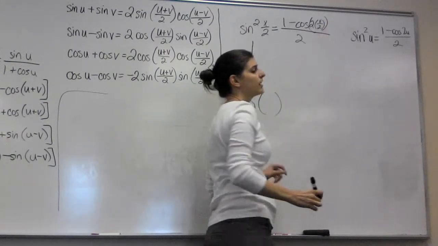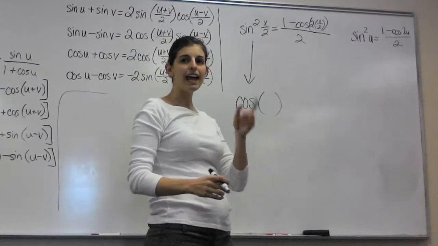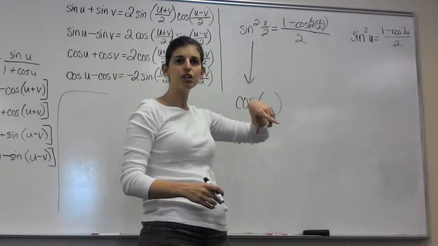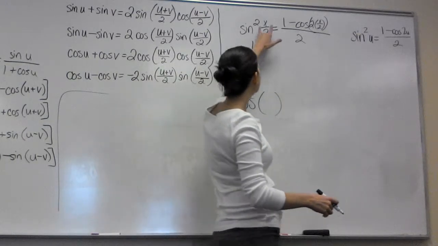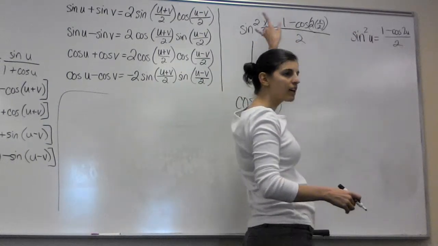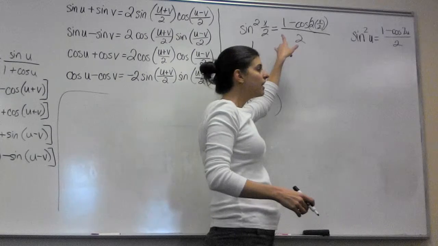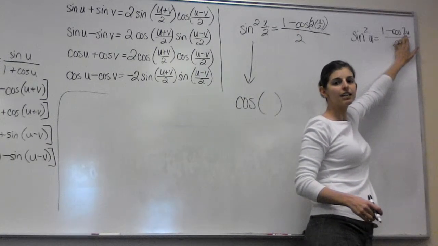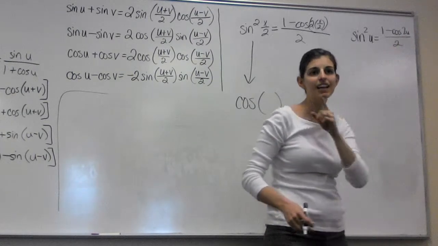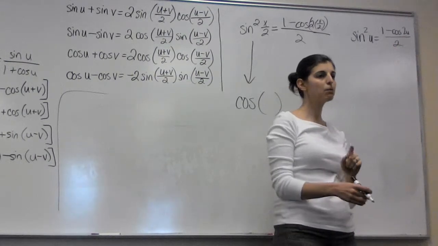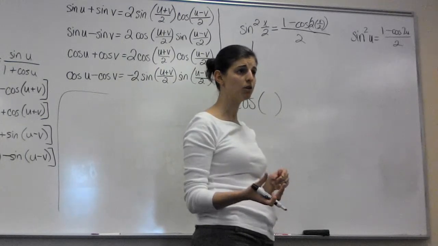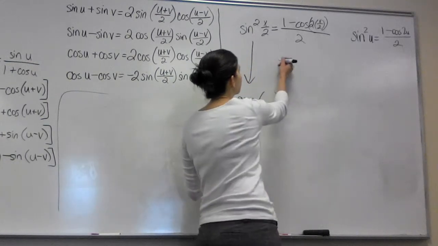Very good. The angle u in this problem is x over 2. So you need to replace u in the formula with x over 2. The 2 in my formula that gets multiplied stays there. It doesn't get replaced. You only replace the actual variable u. All right?